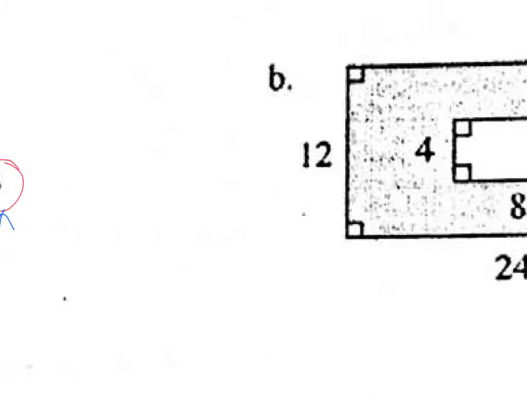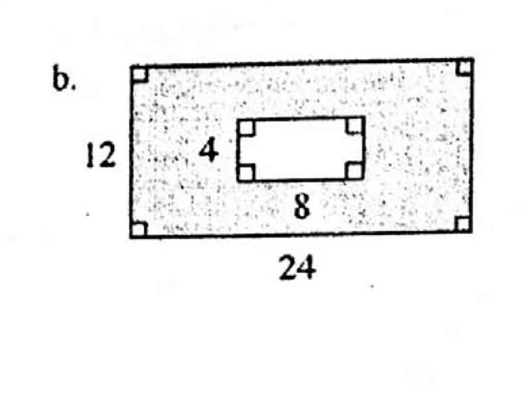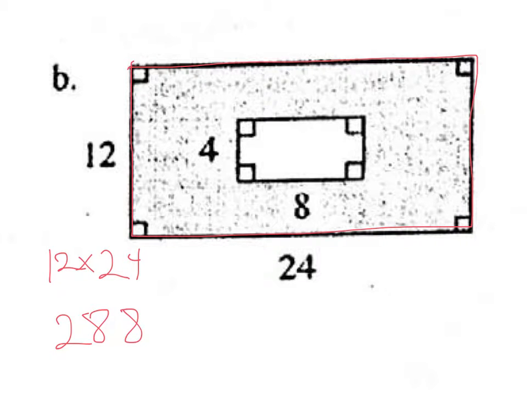Here's another example. We've got the shaded square. The shaded square would be the large one. So what's the area of this large rectangle? Well, 12 times 24 is 288. The problem is we don't want to include this unshaded area.